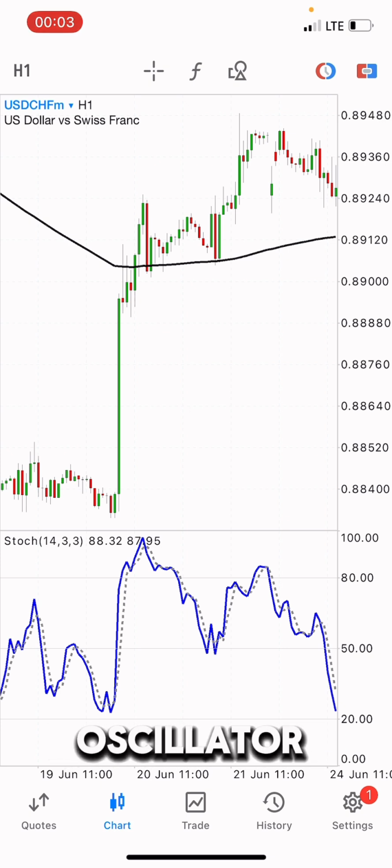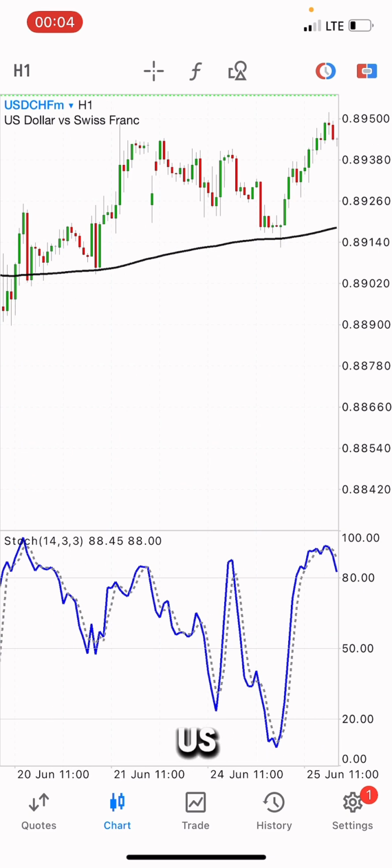If the chart is giving you higher highs and higher lows, the stochastic oscillator should be giving you lower highs and lower lows. If the chart is giving you lower highs and lower lows, the stochastic oscillator is giving you higher highs and higher lows. The stochastic oscillator does totally different things from what the price on the chart is giving us.